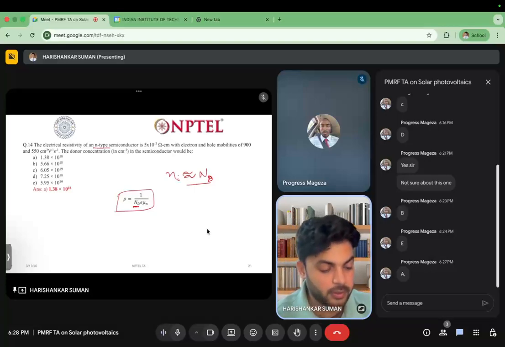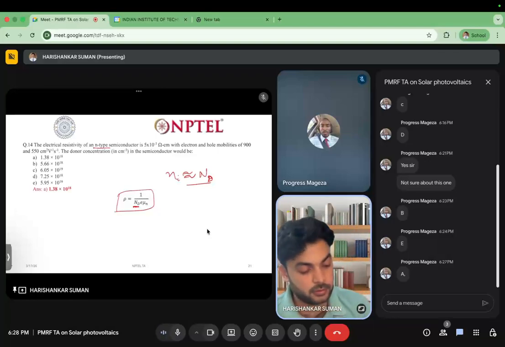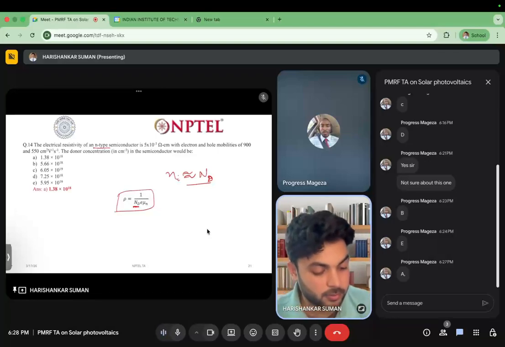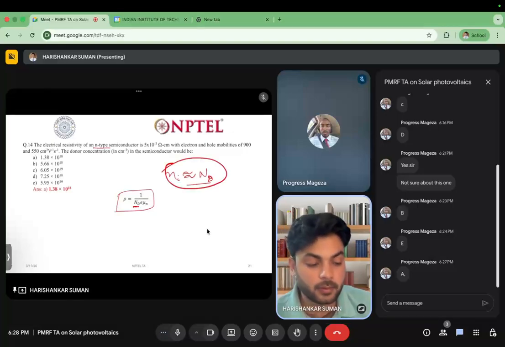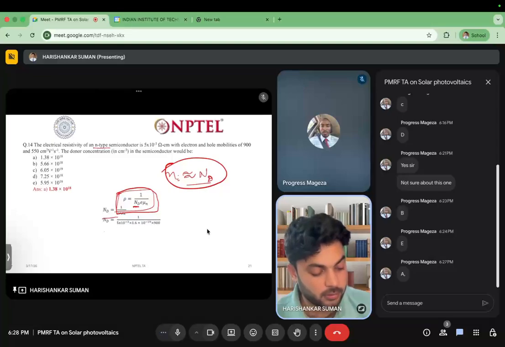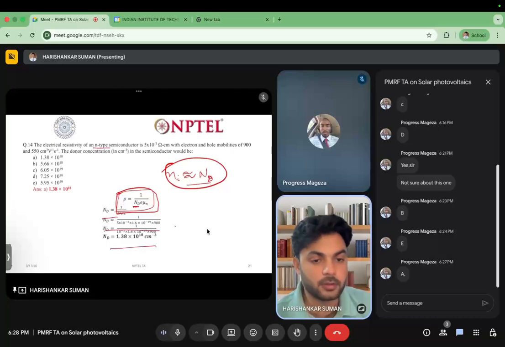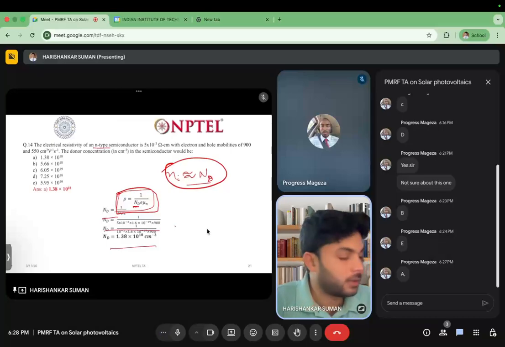You can just put Ni equal to Nd for whatever n-type. For p-type you replace it with acceptor. Please be careful about this. We have to find Nd, just calculate, and this is the answer. Clear to you?